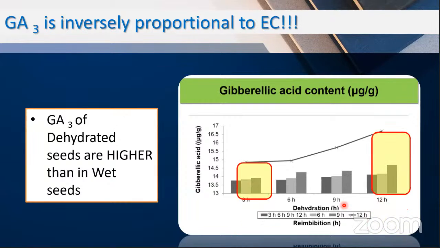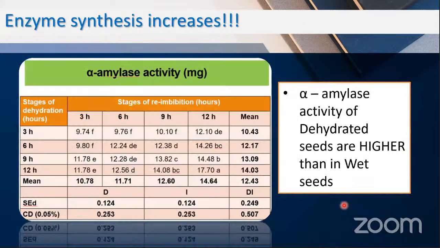Okay, you can see this. Then the alpha amylase. Dehydration for 3 hours, 6 hours, 9 hours, and then 12 hours. You see, with 12 hours dehydration, you get 11.78 milligrams in the 3rd hour of re-imbibition.